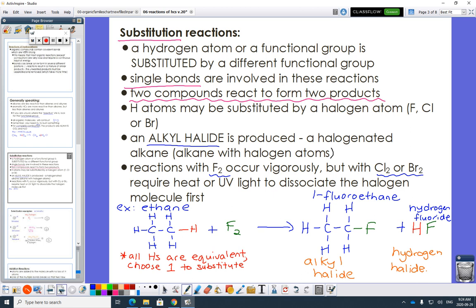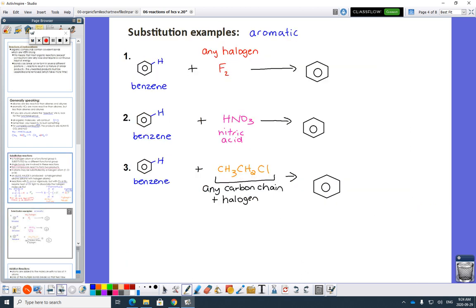Okay, so when you have benzene or aromatic hydrocarbons, they have different substitution reactions because the double bonds in benzene don't break.